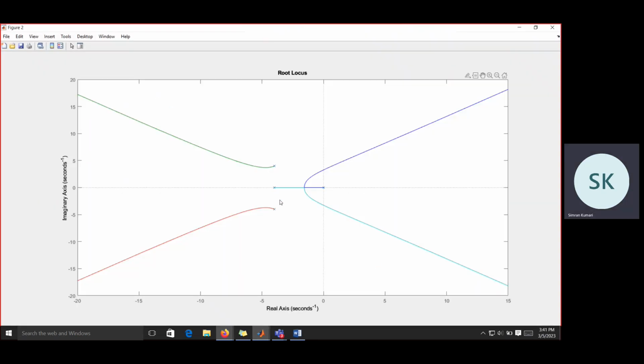Okay, so can you see this? These are two poles. Here gain is 0, pole is -4, damping is 1. This is the second pole that we are having.